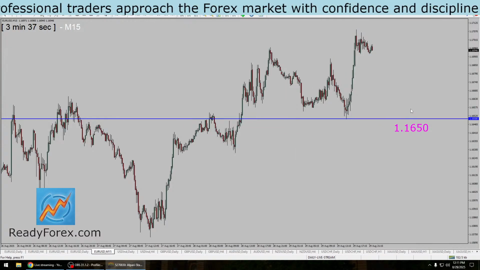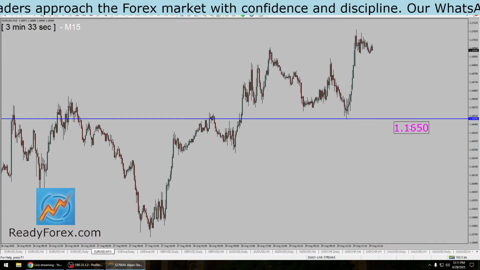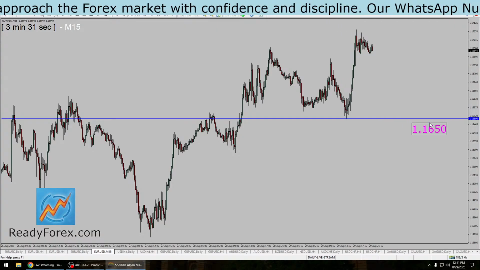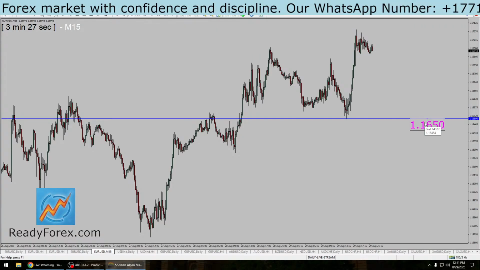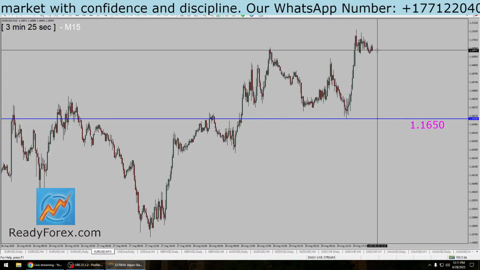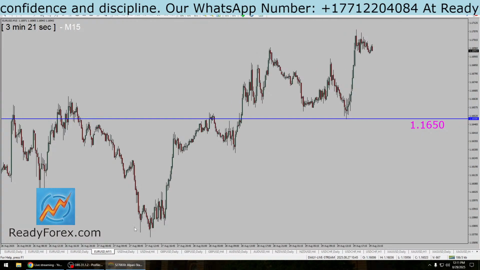So this is the price level. Once price action is going to break below the 1.1650 level, then I might be interested in potential sell trade setups. Otherwise, euro dollar currency pair is probably going to rise up more from current price area.